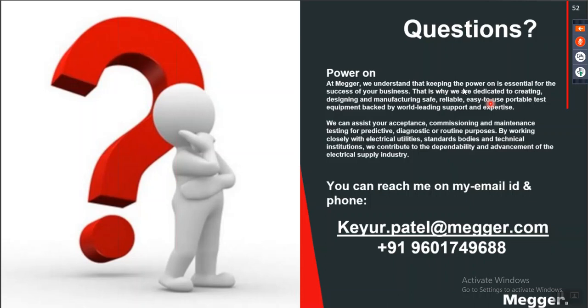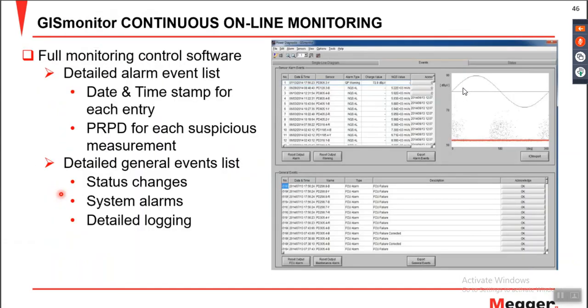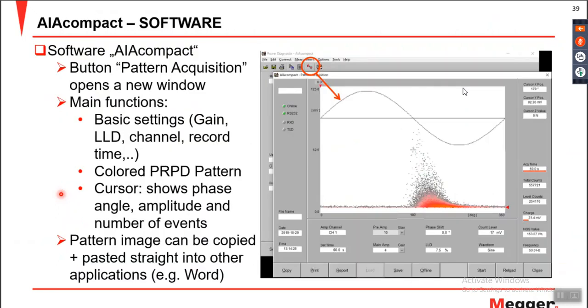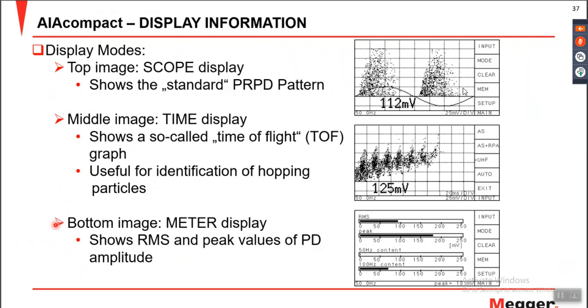Okay, thank you for the answer, Kiyor. We have another question here. Maybe he's referring to slide number 15. In case the GIS is energized, for the integrated UHF sensor to connect our equipment, does it need to shut down? Just a second, I will jump to slide number 15 first.